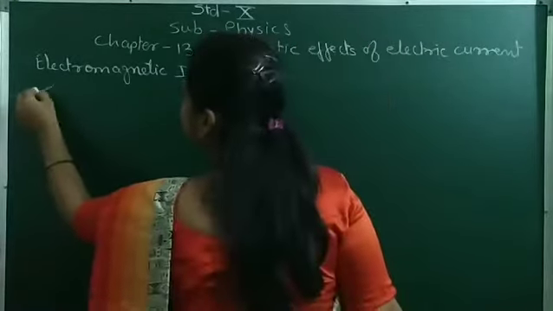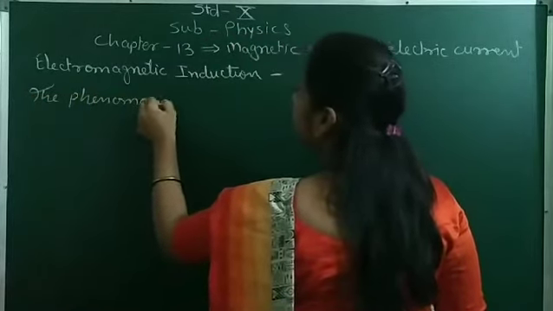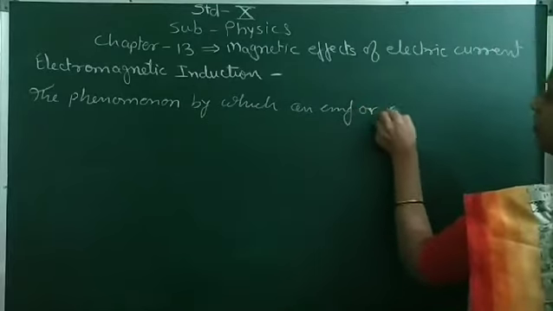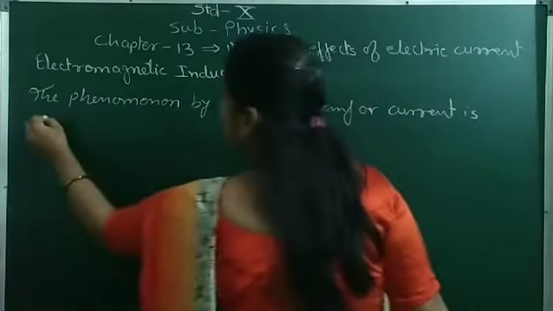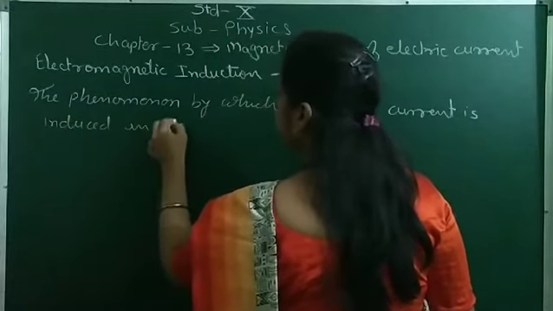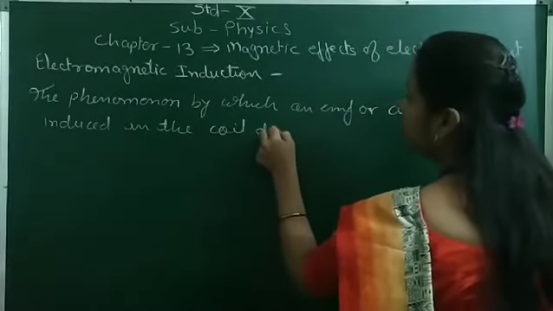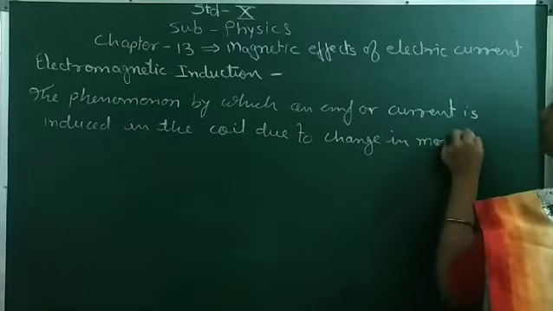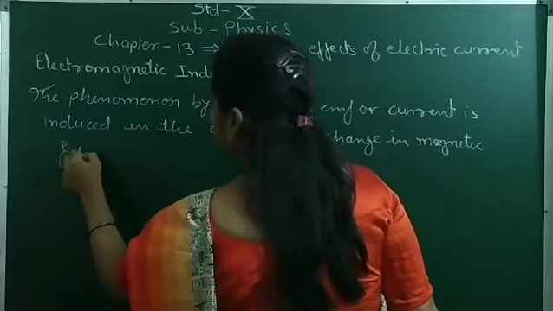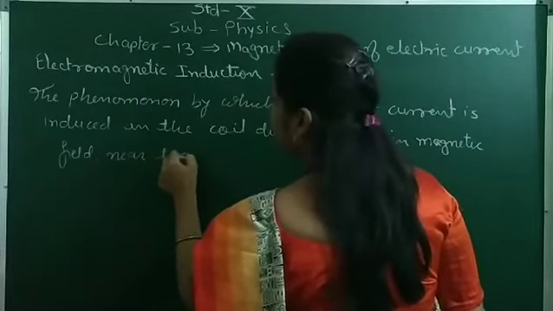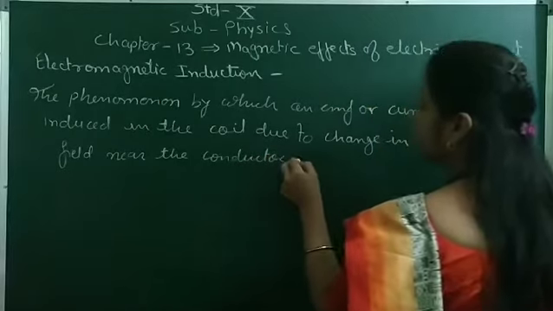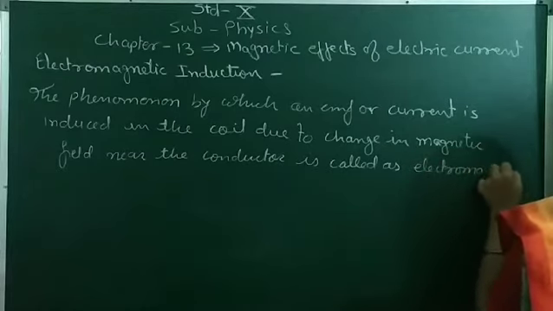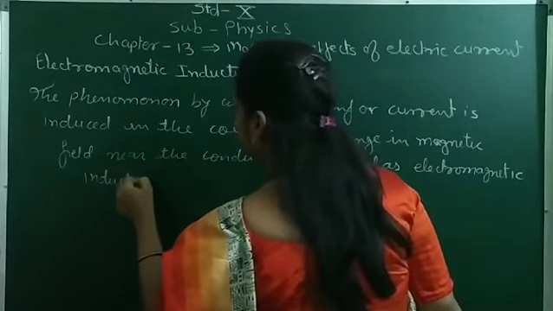So electromagnetic induction means the phenomenon by which an EMF or current is induced in the coil due to a change in magnetic field near the conductor is called electromagnetic induction.